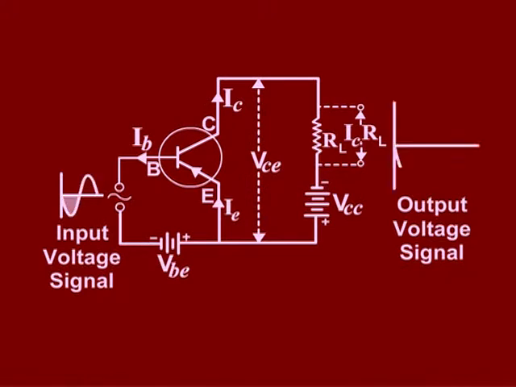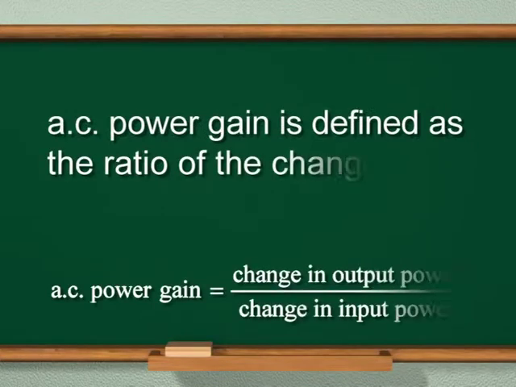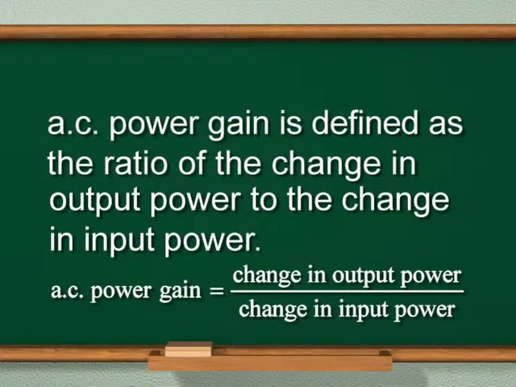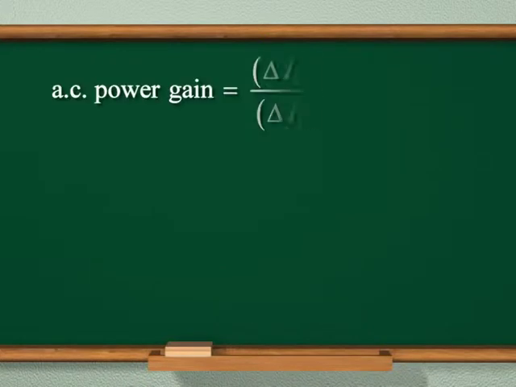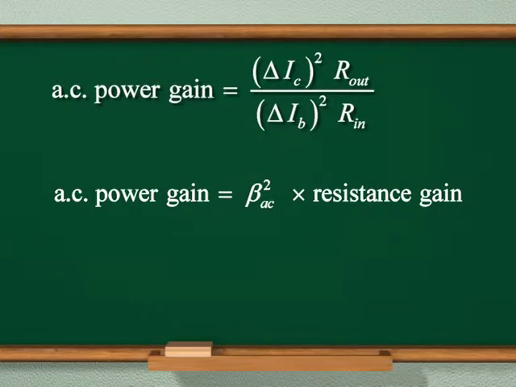Let us now learn about the AC power gain, which is defined as the ratio of the change in output power to the change in input power, or AC power gain is equal to delta IC square into Rout upon delta IB square into Rin, which simply implies AC power gain is equal to beta AC square into resistance gain.